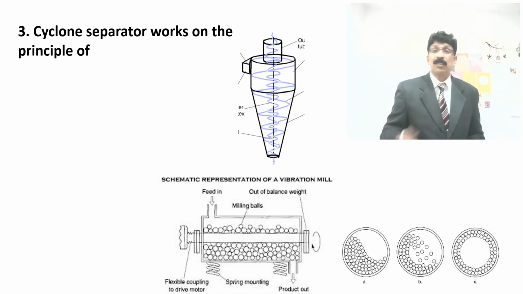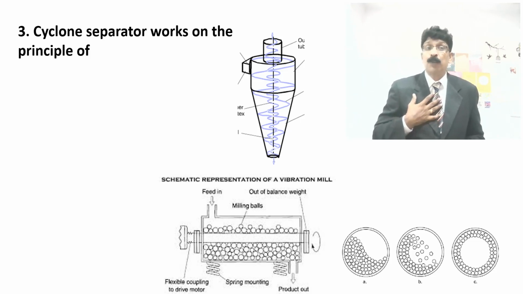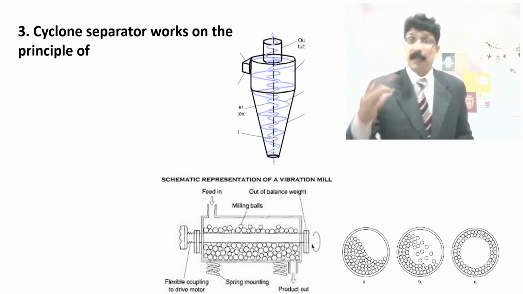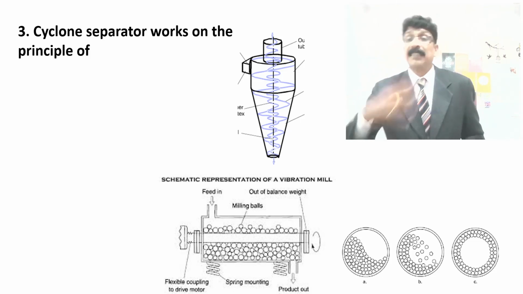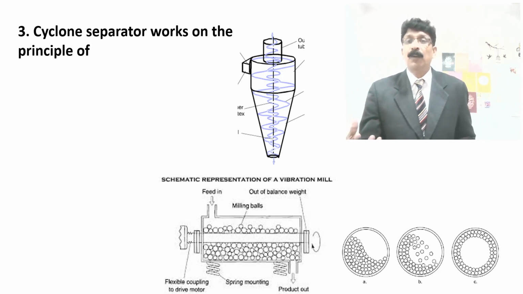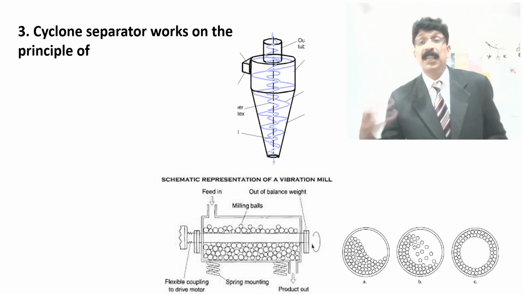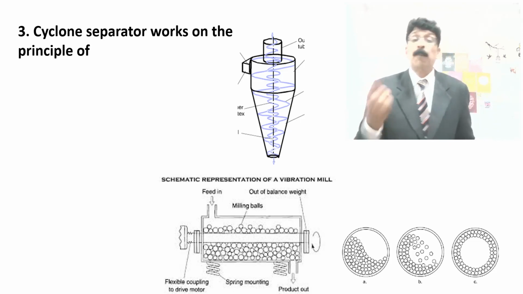So the third question is the cyclone separator, which you might have studied in your diploma in pharmaceutics. Cyclone separator separates the powder made by size reduction, by means of blowing air.